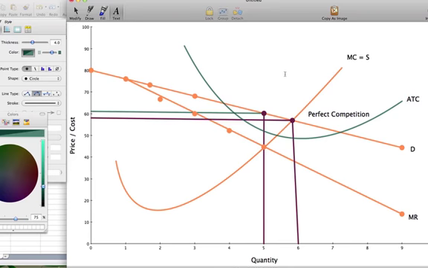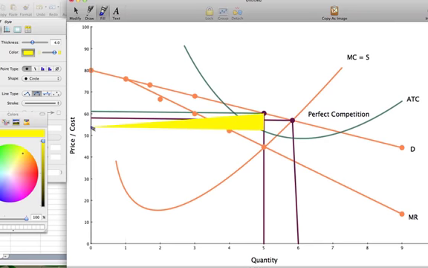We can see that at a price of $61, the monopoly is charging more than it costs to make the 5 units, so they're making economic profit. How much is the economic profit? Well, we look at the difference between the price and how much it costs to make it. So what you see here shaded in yellow is the economic profit for the monopoly.